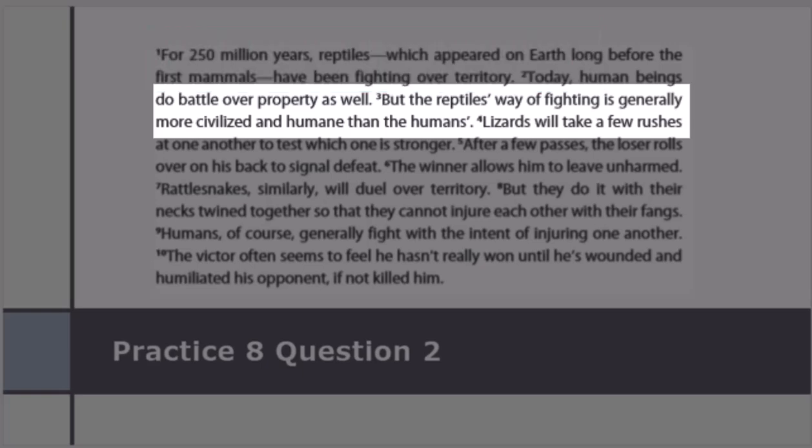The topic in this sentence is way of fighting, and the controlling idea is more civilized and humane than the humans. In this case, we have the word civilized from the word civilization, and humane means like treating people well. So these are both positive words, and basically what the author is saying is that this reptile's way of fighting is better than how humans fight.